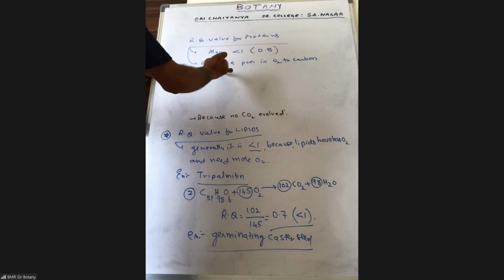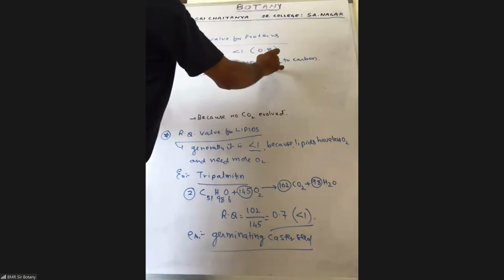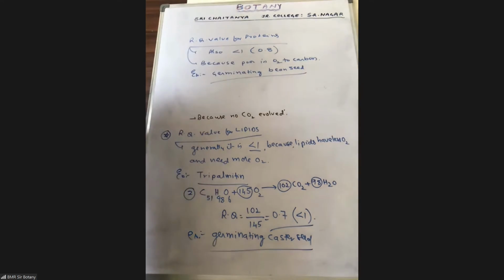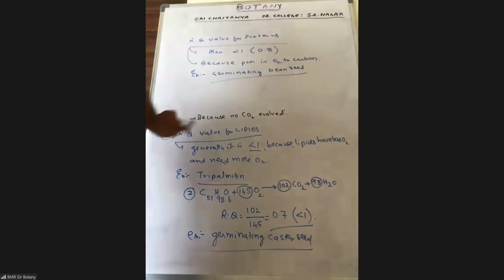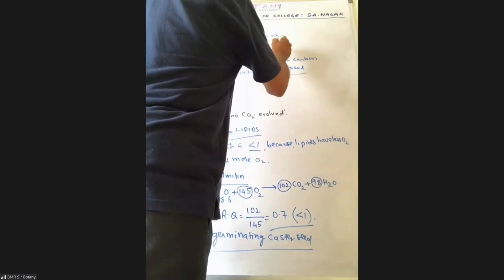Example, germinating bean seed. Sir, is it 0.9? 0.8, actually 0.8 to 0.9 as far as proteins are concerned. Or better you write the range, no problem.